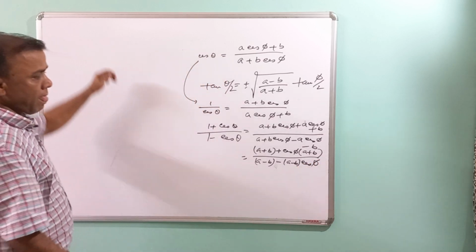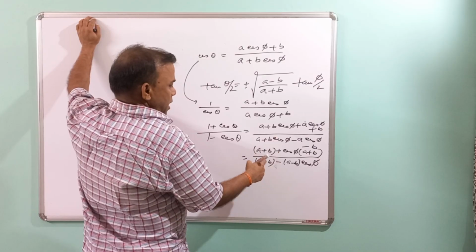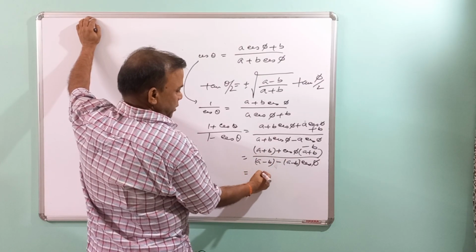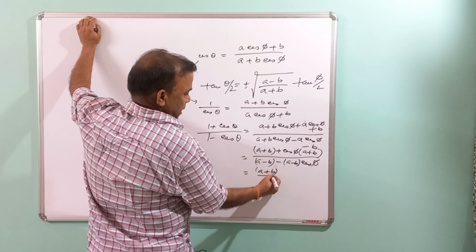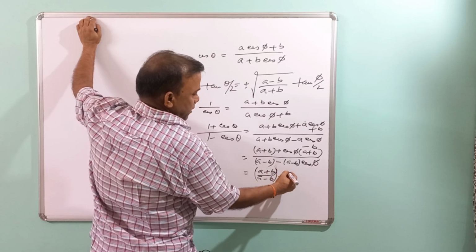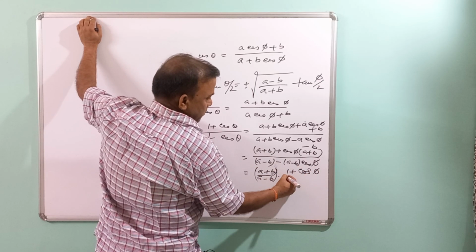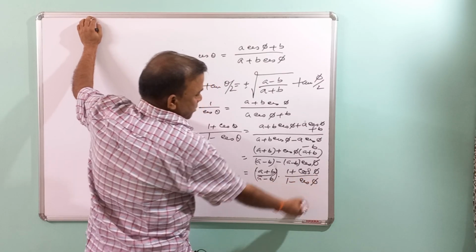Okay, taking a plus b as common from numerator and a minus b as common from denominator, we get (a plus b) by (a minus b) and (1 plus cos phi) by (1 minus cos phi).